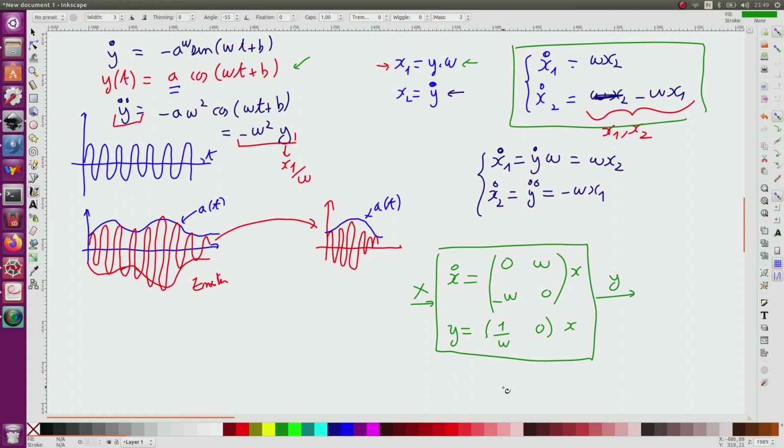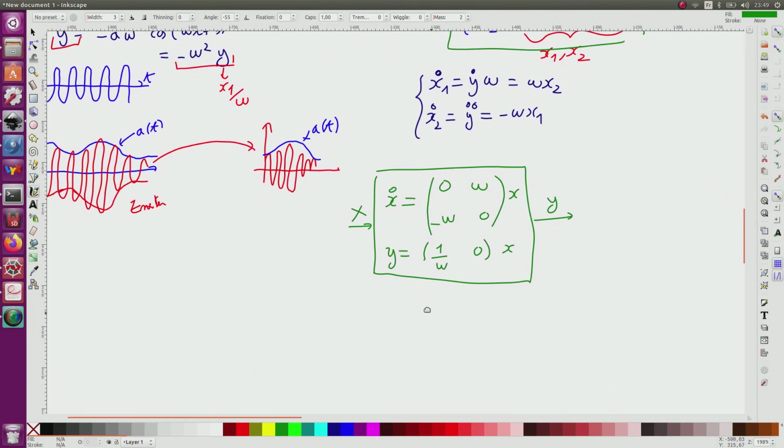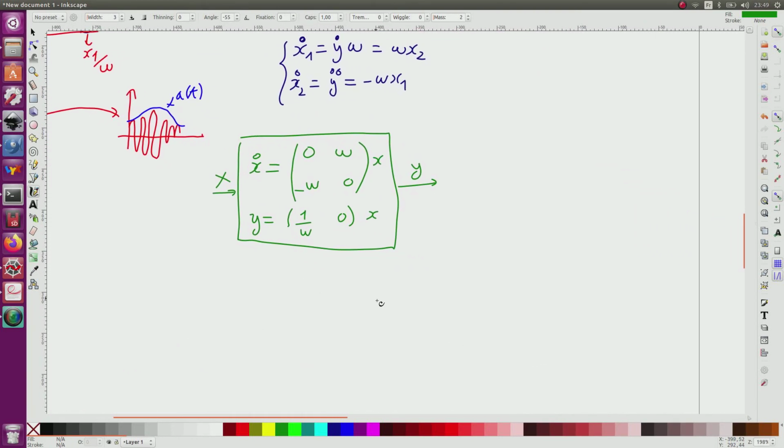Now, what I will have to do is to build an observer here, which will reconstruct x hat, an estimation of x, and from this to be able to reconstruct an estimation y hat of this one.